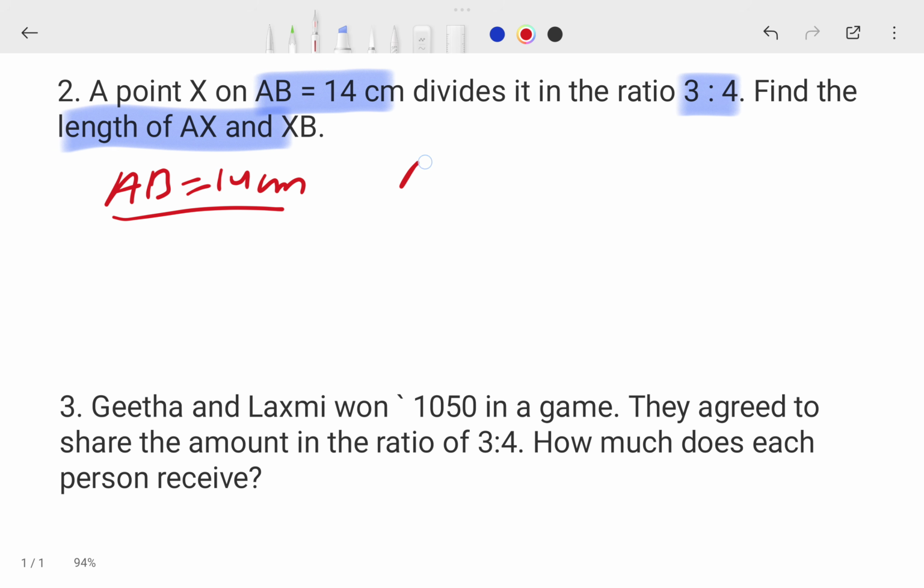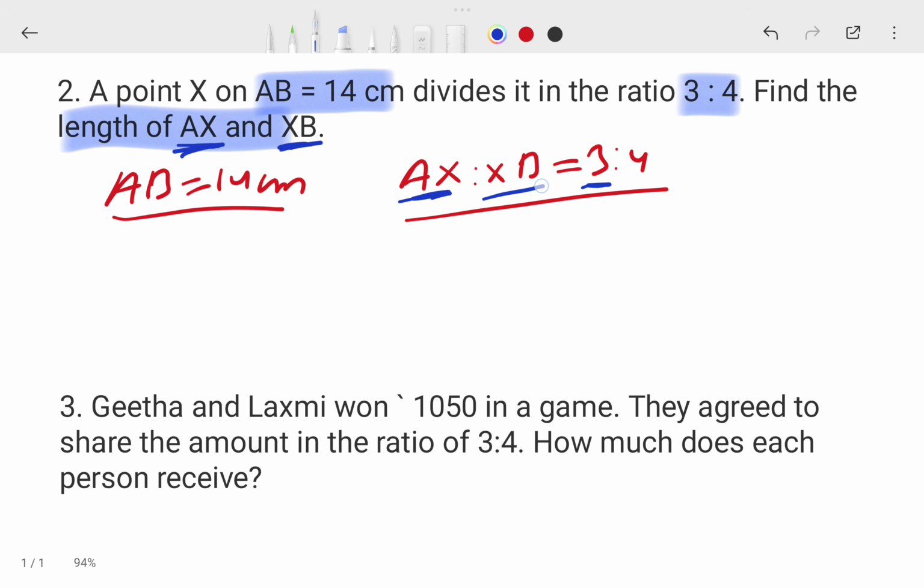The ratio of AX to XB is given as 3:4. Now we have to find the exact lengths of AX and XB. So how can we find them? It's very simple. The AX value is 3, then the XB value is 4. Remember.